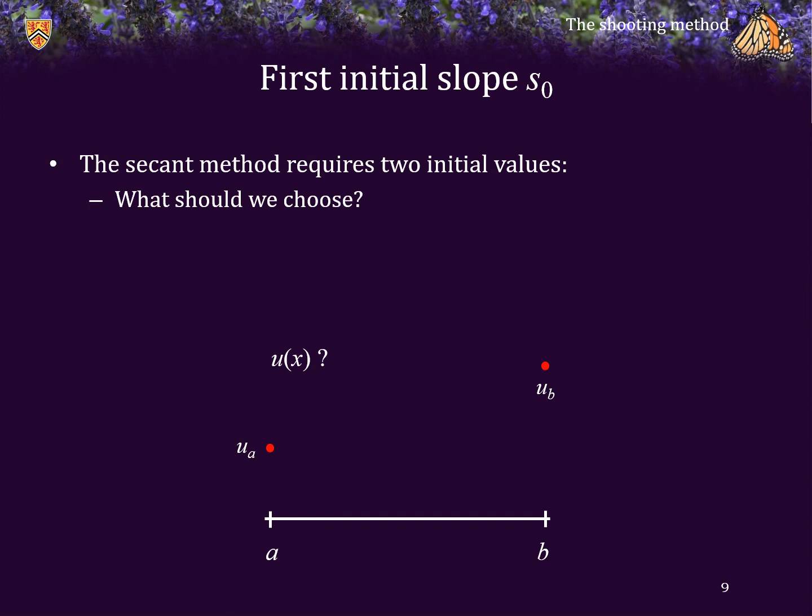Well, looking at this, doesn't it make sense that we should choose as the initial slope just the slope between these 2 points? So our initial slope is going to be exactly this, the difference in the target values over the width of the interval. That gives us the slope of this connecting line.